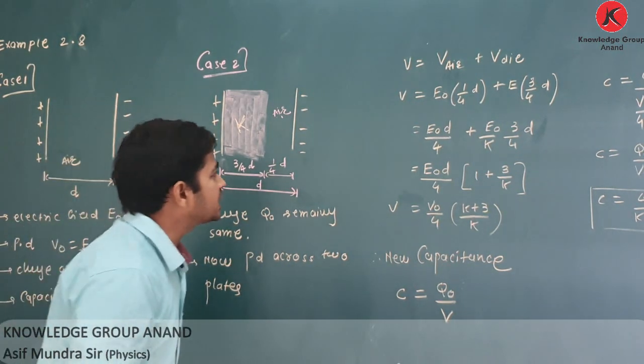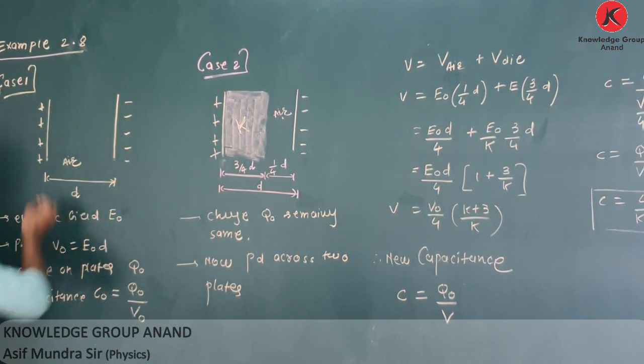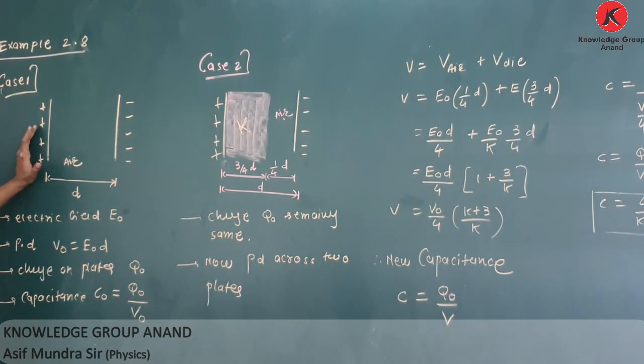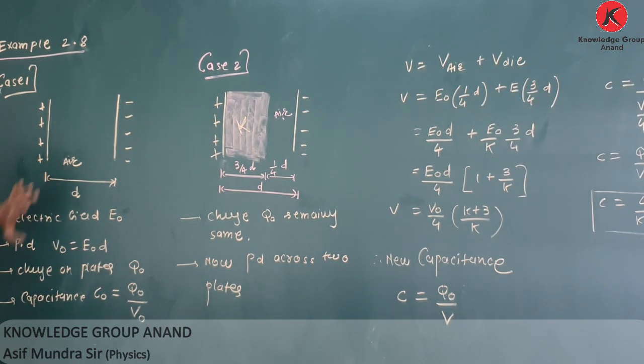See, the next question is example 2.8. What is example 2.8? You are given one capacitor. The medium between the two plates of the capacitor is air.